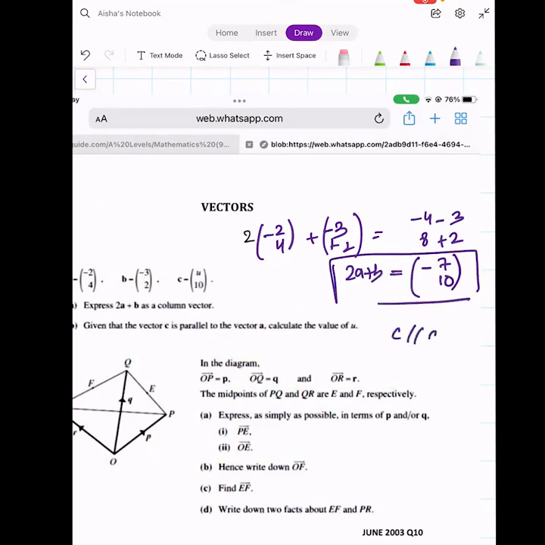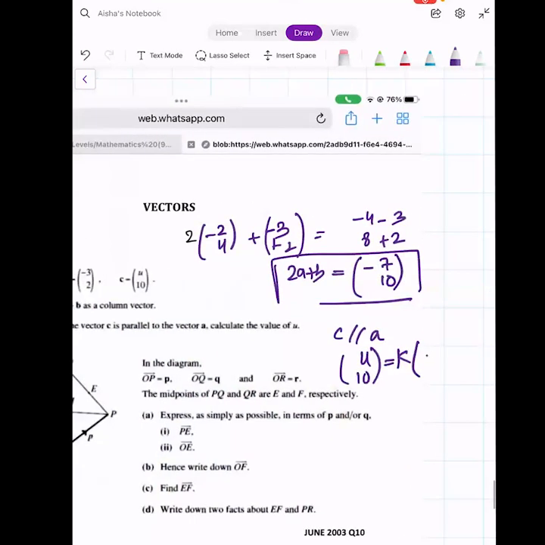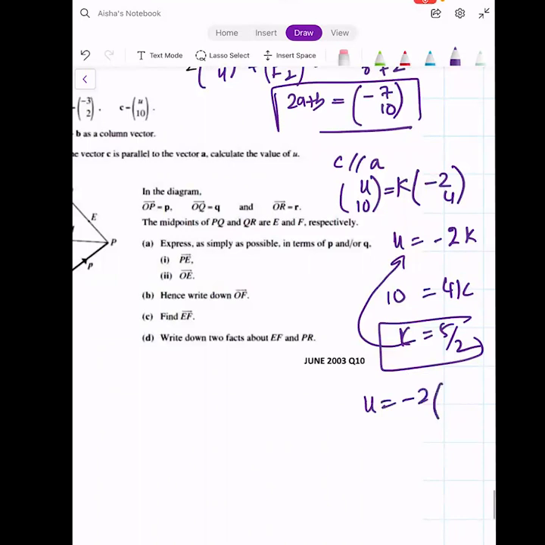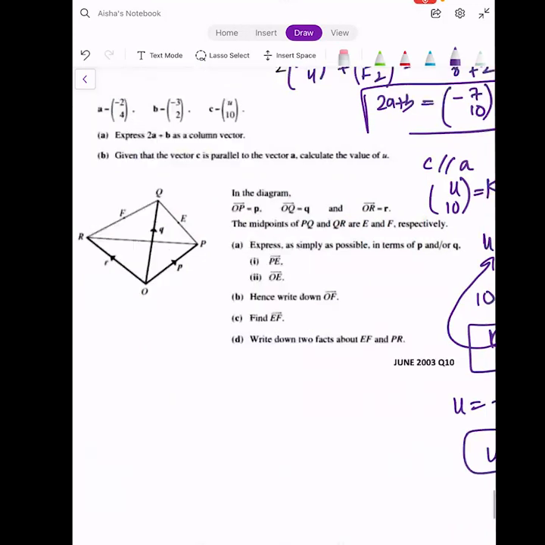C is parallel to A means U, 10 is equals to K times A, which is minus 2, 4. U is equals to minus 2K, 10 is equals to 4K. From here the value of K comes to 5 upon 2. Put it here. U is equals to minus 2 times 5 upon 2, the 2 cancels out. U becomes minus 5. That's how you use it.